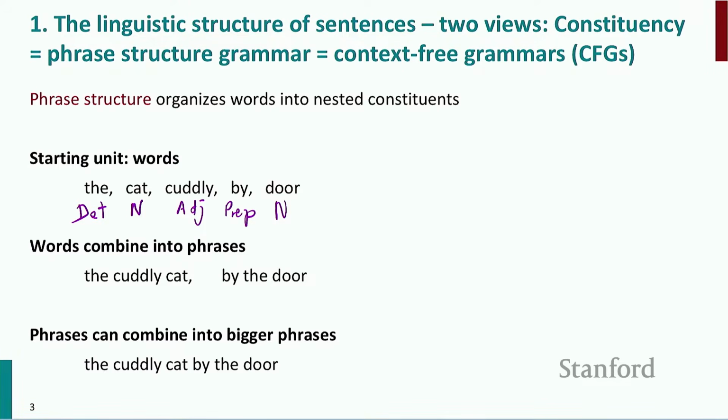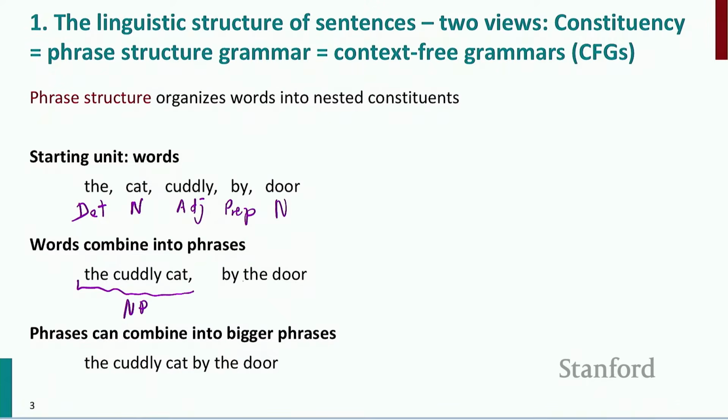But once we've got words, we start putting them into bigger units. The cuddly cat is some kind of unit, an expansion of a noun, a cat, and this gets referred to as a noun phrase. And then by the door is a phrase, but it has inside it the door, which is a noun phrase.